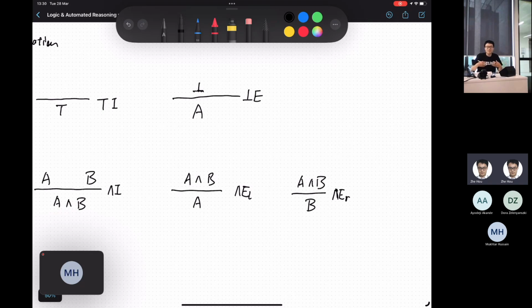So in our reasoning, if you already know that A and B is true, it's the same as knowing A and B is true as many times as you like. So we don't have the concept of something is true once or twice, right? So you can always use this statement, A and B is true, as many times as you wish. So you can derive A, and separately you can derive B, and then you can do something about them.